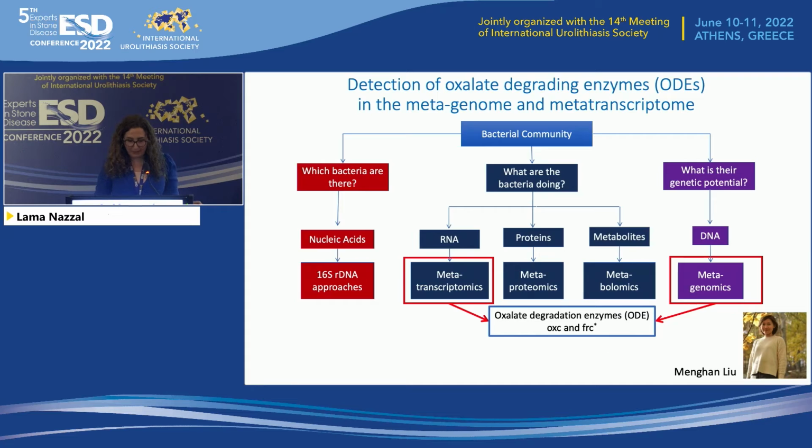One of our talented PhD students developed this computational pipeline to see what oxalate degradation enzymes are present in their microbiome. So she looked at the metatranscriptome and the metagenome to see which bacteria have the gene for oxalate degradation and which ones are actively transcribing those genes, meaning that they're trying to degrade oxalate in vivo.